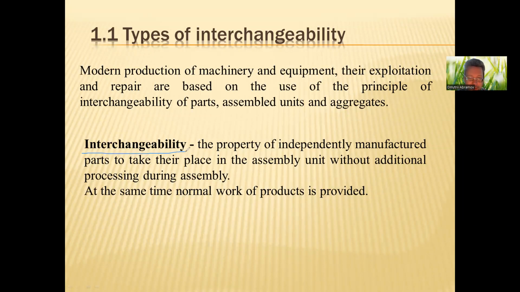Interchangeability is the property of independently manufactured parts to take their place in the assembly unit without additional processing during assembly.